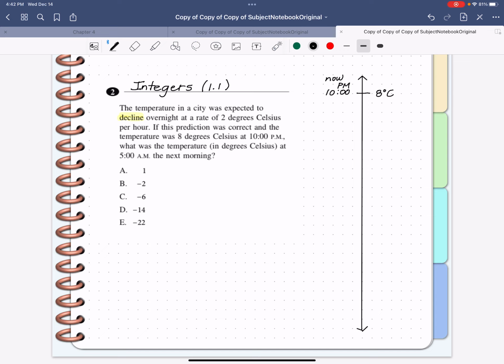And the Celsius has nothing to do with anything, so don't panic if you don't know about Celsius. That's unrelated. And we know that the temperature is going to fall. We know that it's going to fall from 10 o'clock p.m. until 5 o'clock a.m. So here's 10 o'clock p.m.